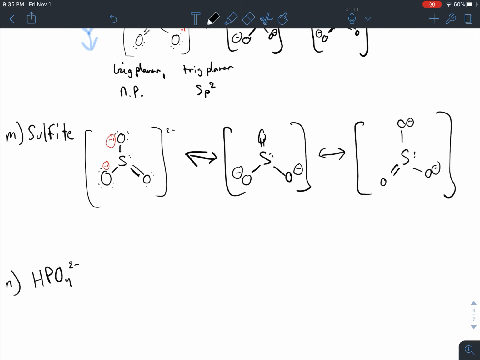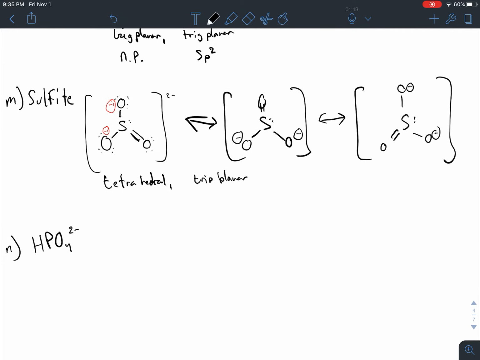So this is tetrahedral. There are 4 domains. One of them is a lone pair. It is trigonal pyramidal. And is it polar?